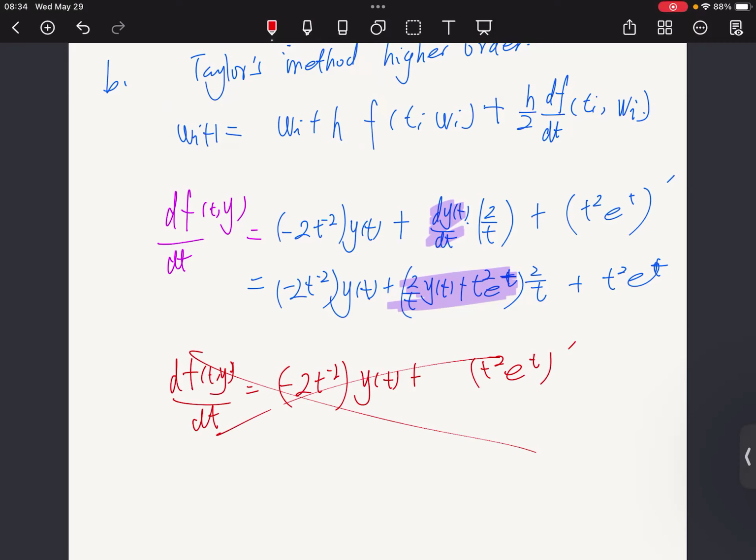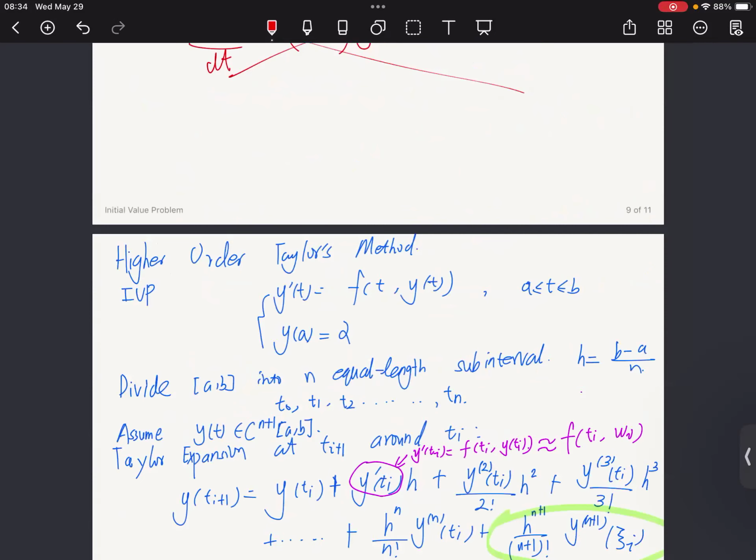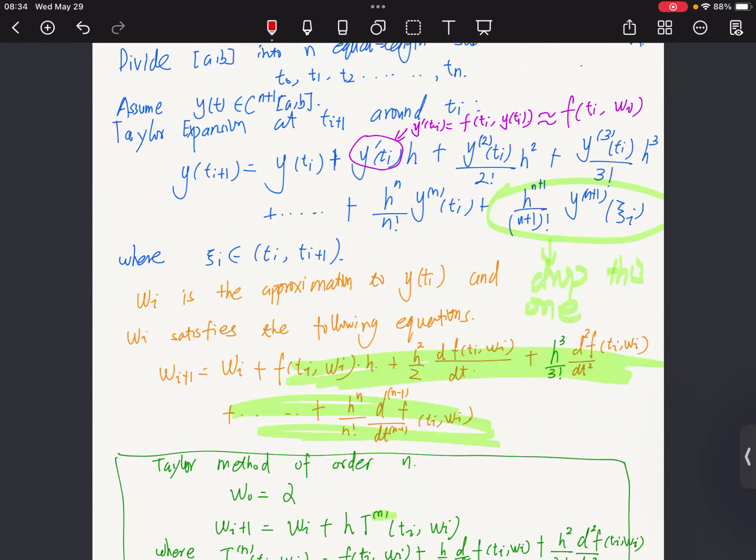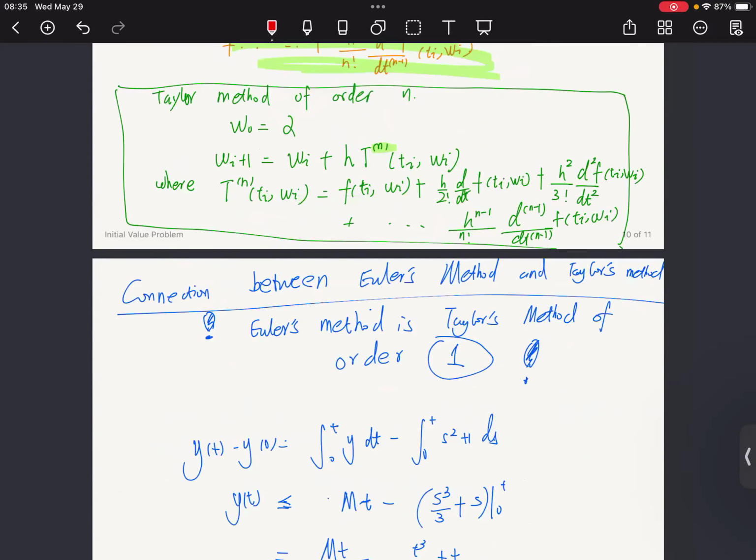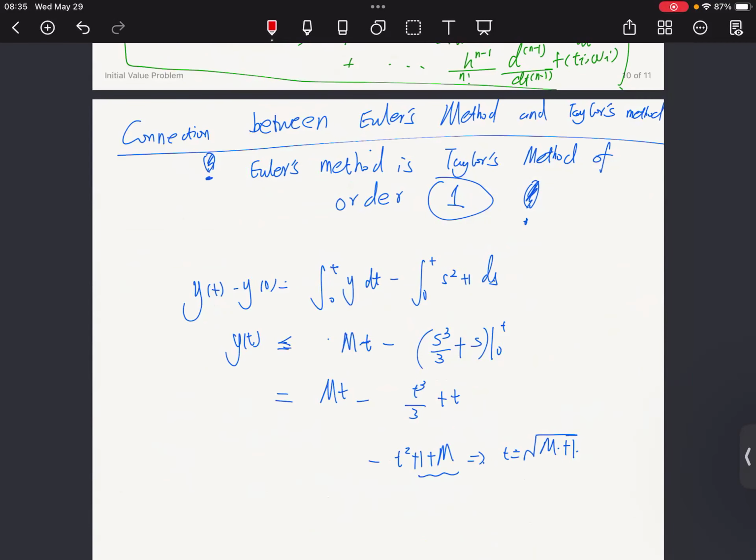And the next thing I want to mention today, I have already mentioned this part, it should be the nth order Taylor's method.